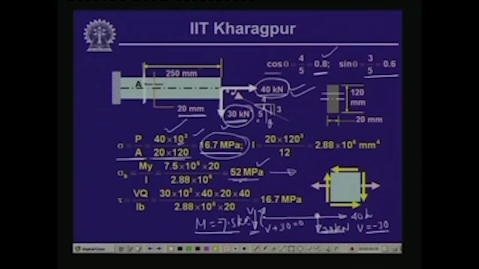So, normal stress because of the bending is equal to My by I, and as we are seeing here, M is equal to 7.5 kilonewton meter times 10 to the power 6 to give Newton millimeter, times y is 20 because point A is located 20 millimeter away from the neutral axis, and I is equal to 2.88 into 10 to the power 6, which is bh cube by 12.